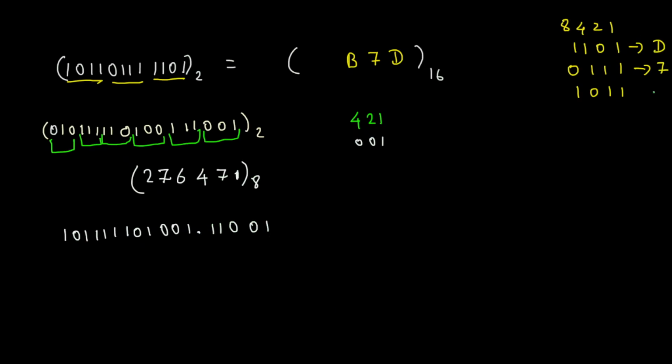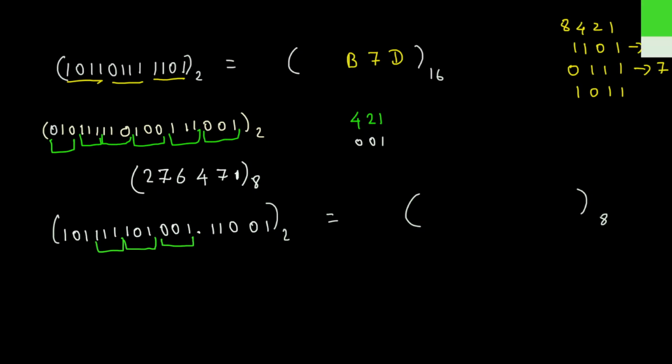Now we know that before the fractional point, we start from right to left, so we start from here and go all the way to the left by dividing by 3. So let's put what we want to do. We want to convert this base 2 into base 8. We want to find out the equivalent base 8 of this one.